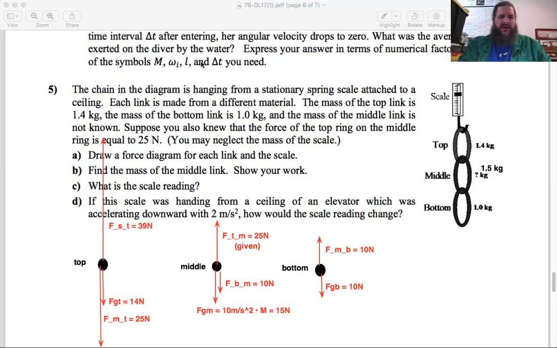If we were to draw out, and I hadn't drawn it here, but it does ask to draw a free body diagram for the scale itself. What forces is the scale going to experience?